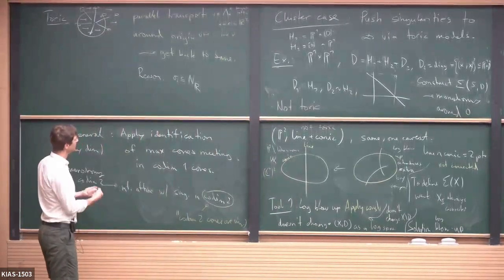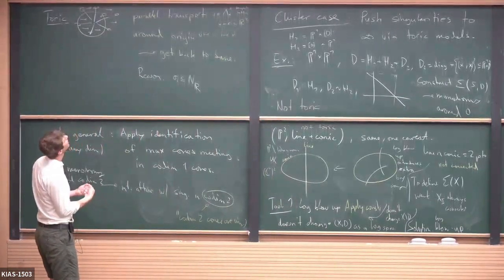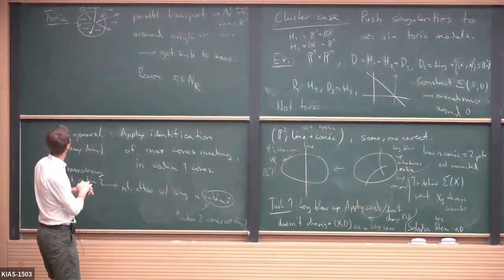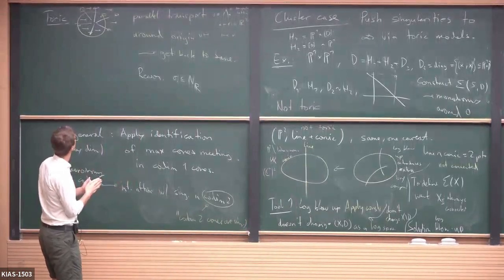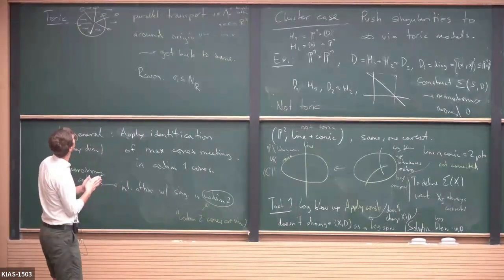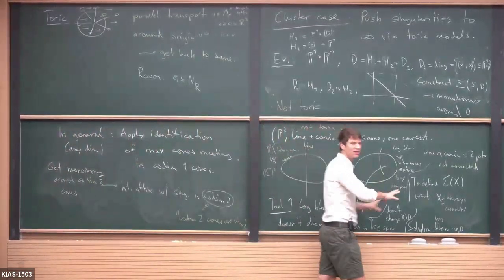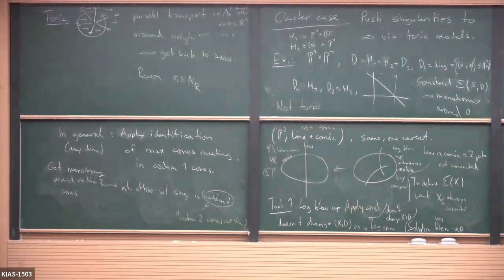And then using that fact, you'll be able to write down a tropicalization of your cluster variety where the singularities are pushed to infinity, because we're changing infinity, we're not changing the interior.